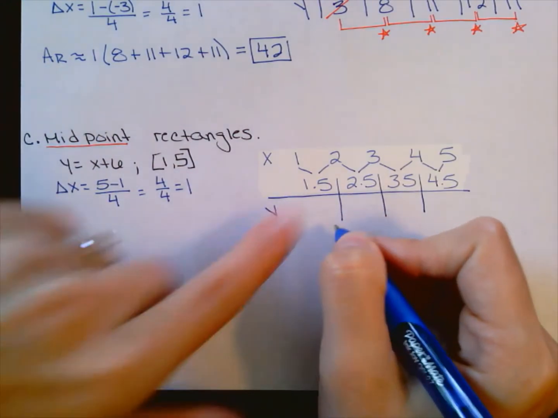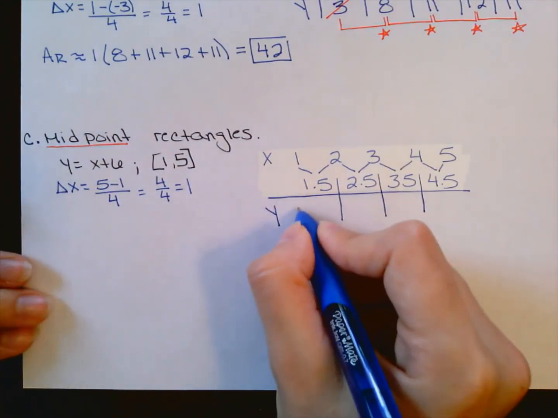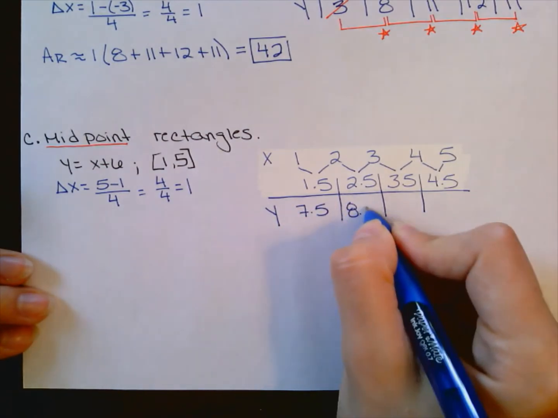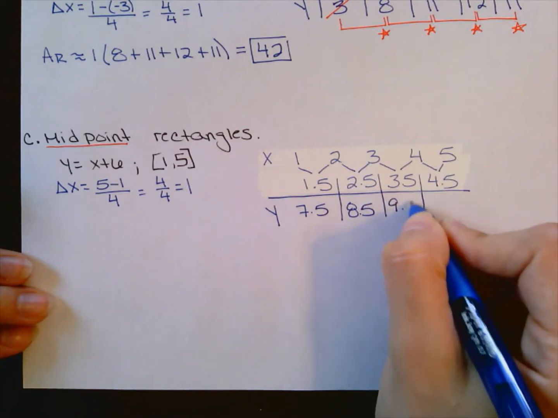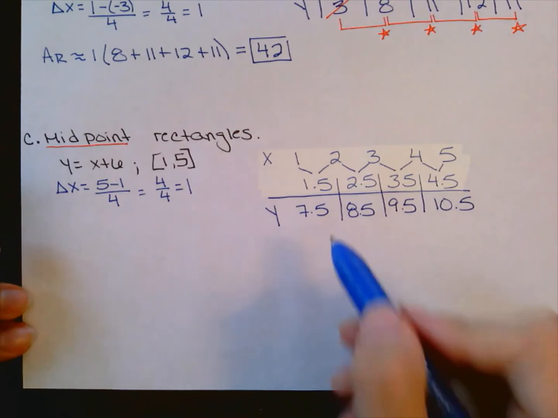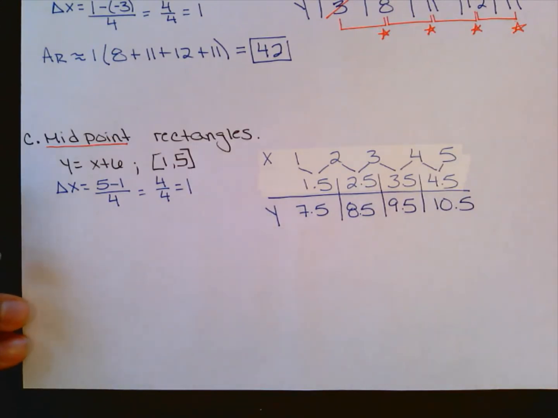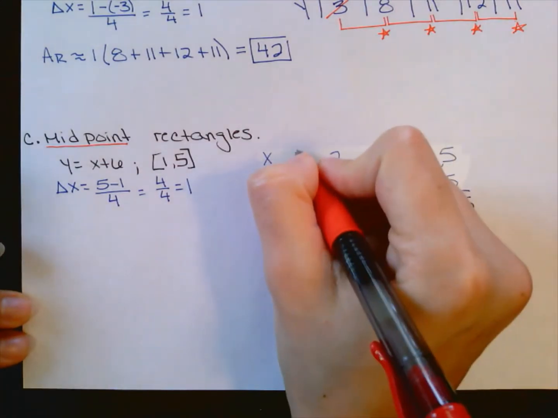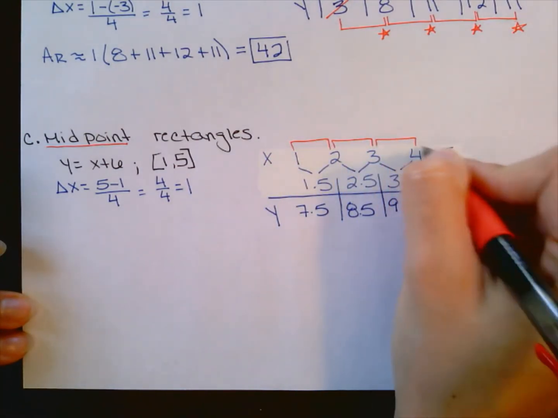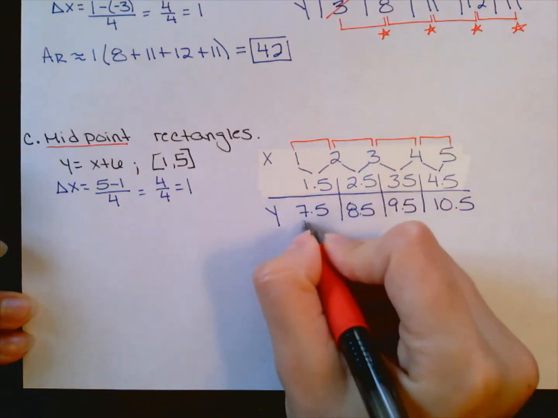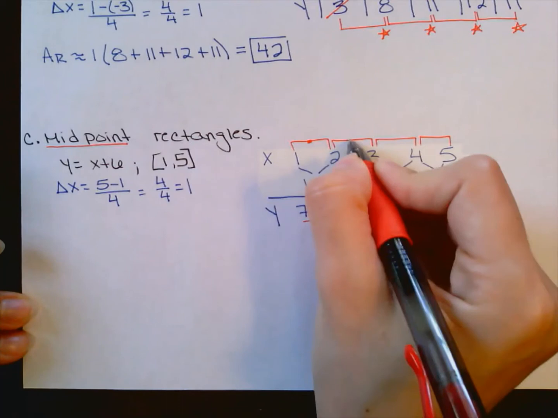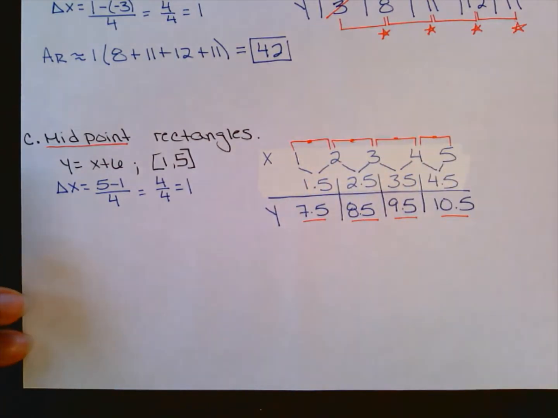Okay, so if I plug in 1.5, I get 7.5, then here 8.5, 9.5, and 10.5. So this is already the height, right? If I'm drawing my rectangles, here's the first, here's the second, here's the third, and here's the fourth. And then I'm picking these heights that are the actual middle point of these rectangles.